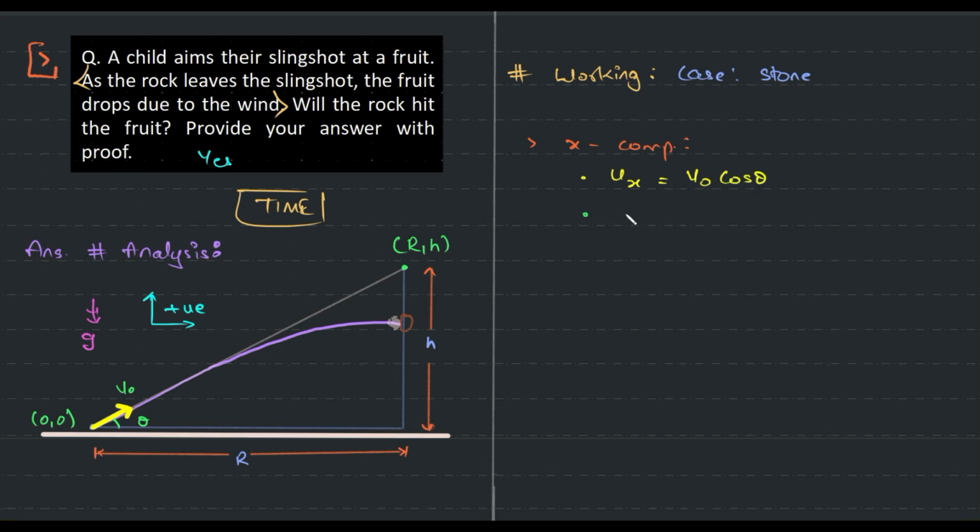Then we have the distance, that will be x. x naught is 0 and it's going to travel a distance of R. And then what else can we tell? Let's consider this point as R comma B, so this is at a height of B.